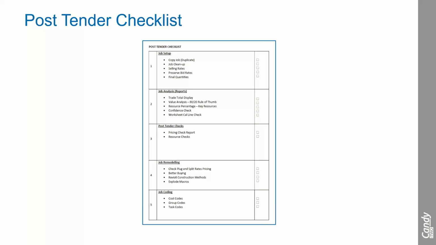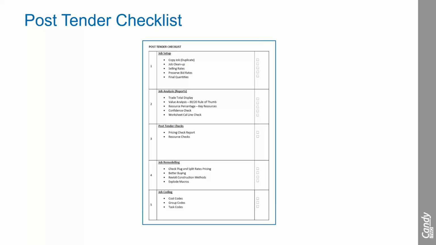Stage 1, we will go through the job setup, where we copy the job, do a job cleanup, explanation of a selling rate, what is a bid rate, and how can we use the bid rate, final quantities. Stage 2, we're looking at job analysis, a few reports that can be looked at, as well as some post-tender checks.